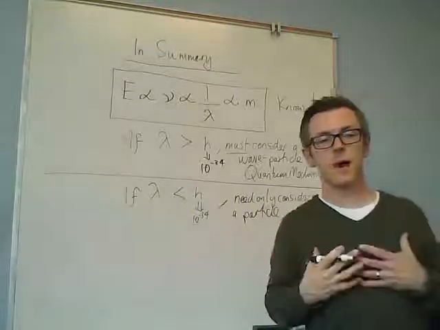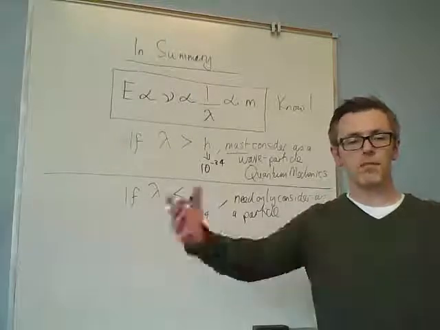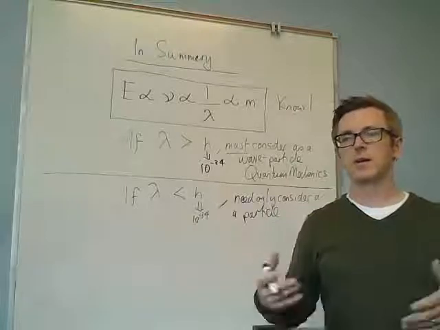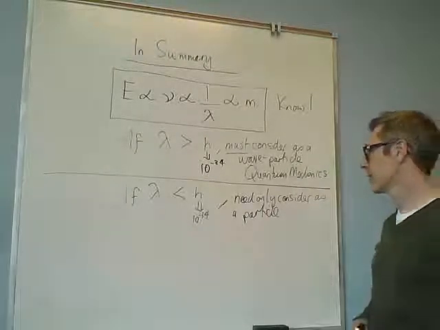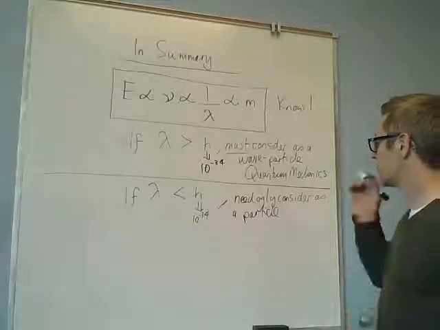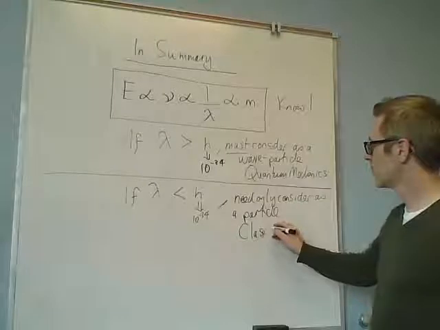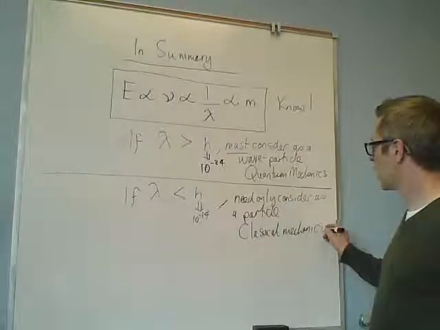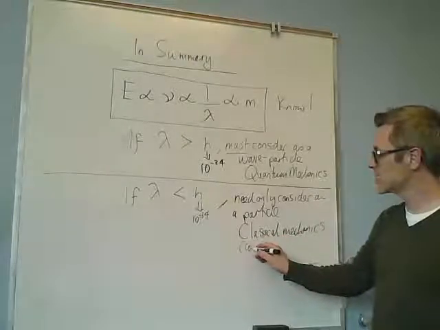We calculated my wavelength. It was smaller than Planck's constant. I manifest myself as a particulate object. Nobody would look at me and see a wave. This is just basic classical mechanics. Classical mechanics is continuous energy.